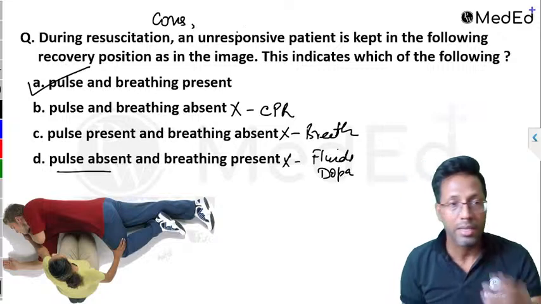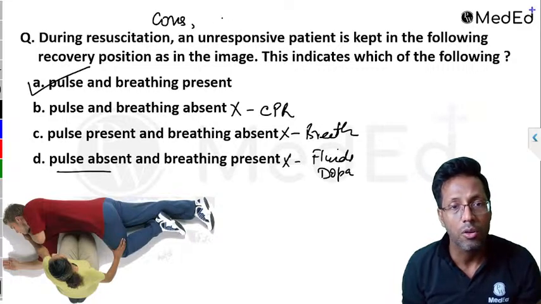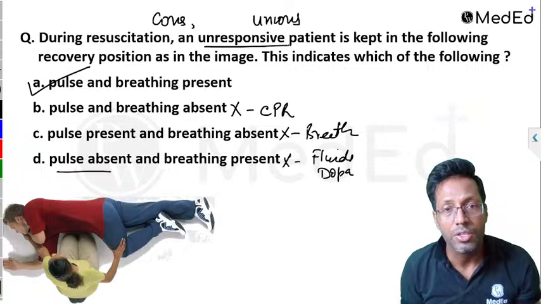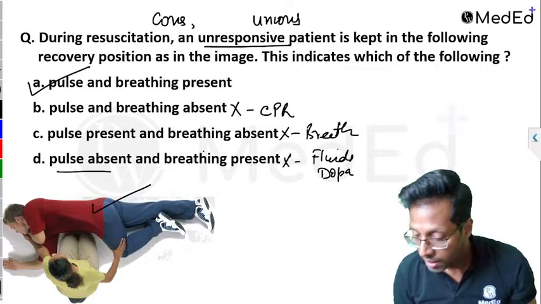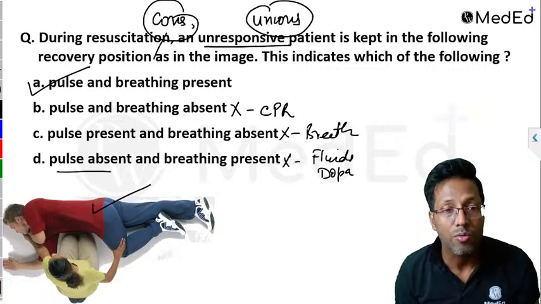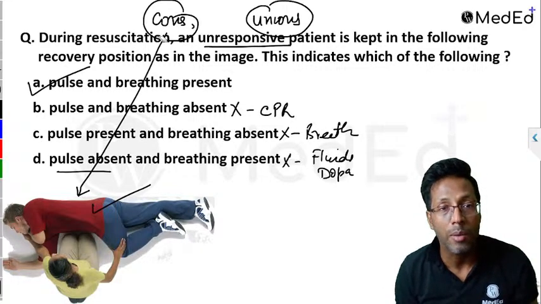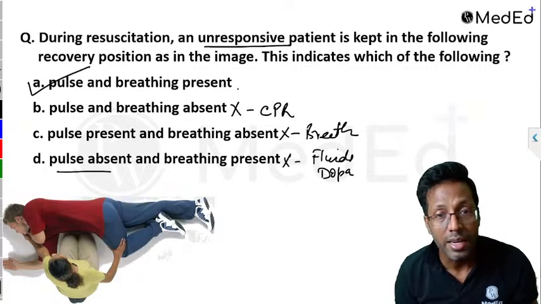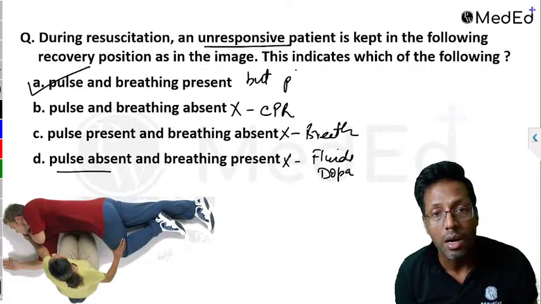So help me correct the stem. Then in that case, it is unconscious and conscious. An unresponsive patient is there, and if the patient is kept in the position in the image, it means the patient is going to be unconscious. If the patient was conscious, why would you keep him in a position like this? So that point is out. The point is ultimately pulse and breathing are present, but the patient is unconscious.